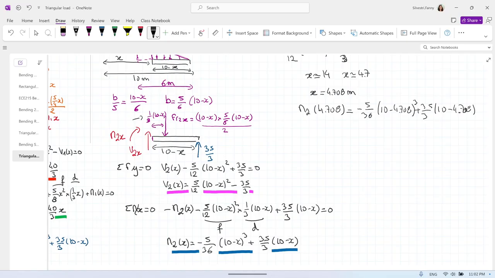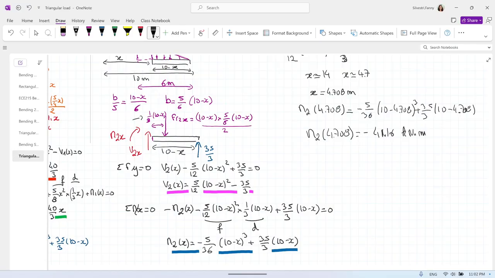So you find M2 of 4.708 equals 41.16 kilonewton meter. So this is your moment max.